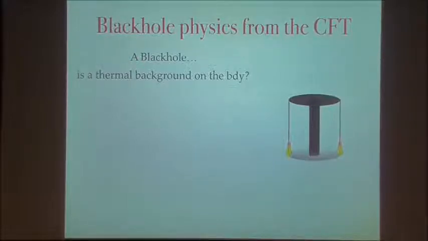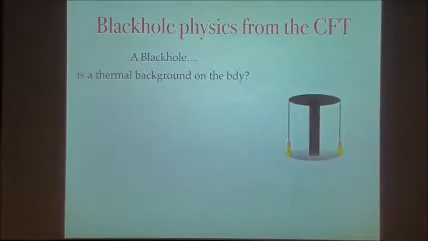In the most standard dictionary of the AdS/CFT correspondence, a black hole in the bulk is usually thought of as due to a thermal background on the boundary, where the temperature on the boundary is the Hawking temperature. But if you adopt this point of view, then you have to conclude that the black hole in the bulk is not in a pure state, it's in a mixed state, because the boundary is thermal and a thermal state is a mixed state.